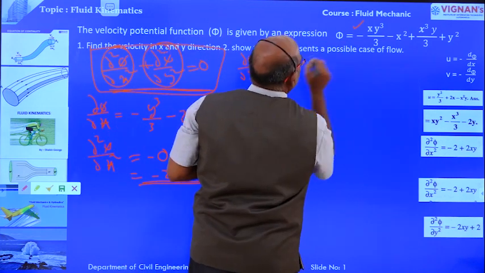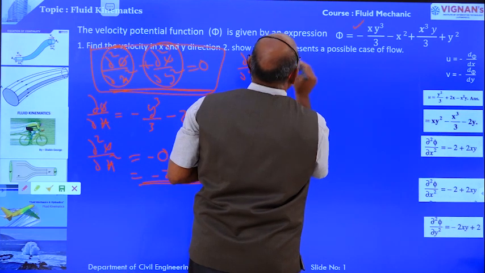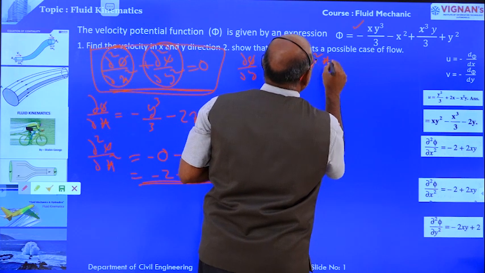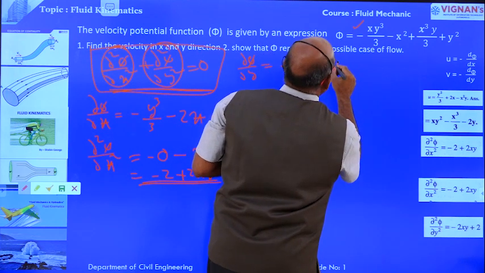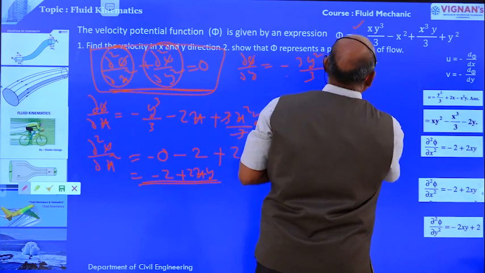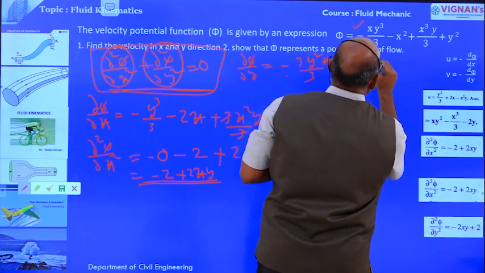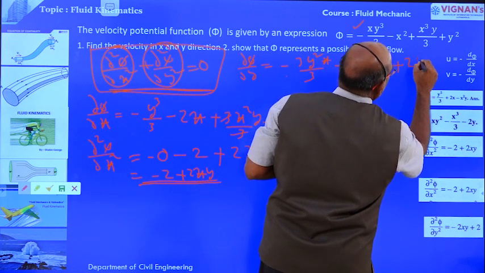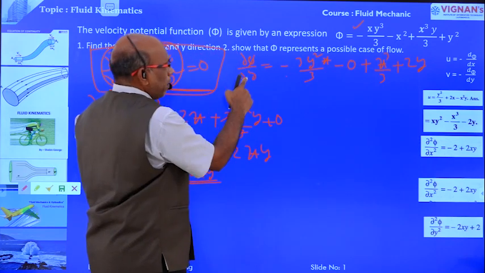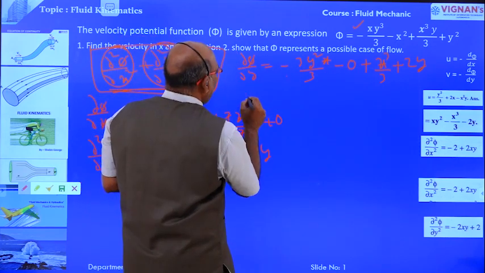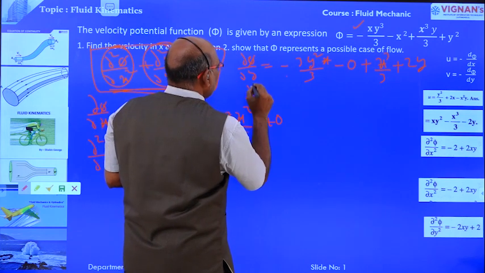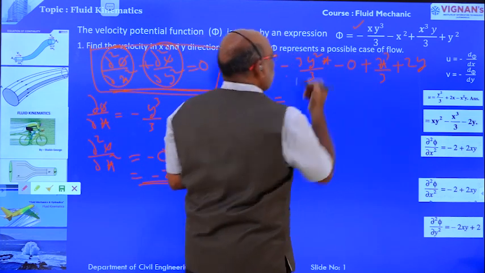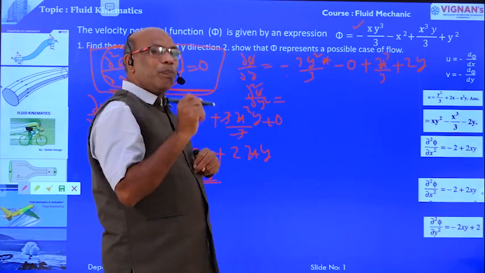This is equal to minus 3y square x by 3 minus differentiate with respect to y 0 plus differentiate x cube by 3 with respect to y, and differentiate y square, 2y. Right, this is dou pi by dou y. Then dou square pi by dou y square is equal to this entire value. Once again differentiate with respect to y.